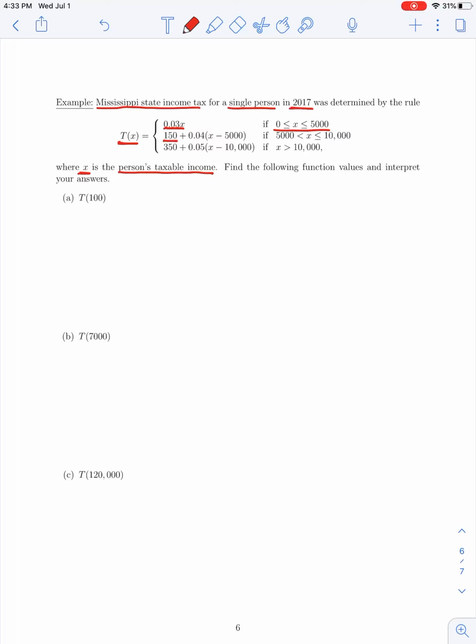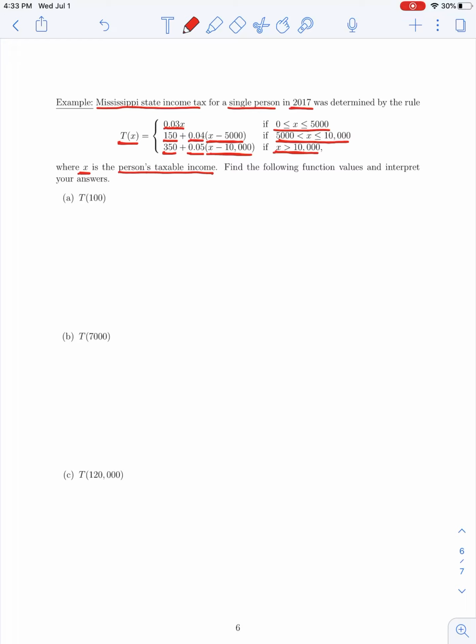It's equal to 150 plus 4% of the person's salary over 5,000 if the value of x is between 5,000 and 10,000. And lastly, it's defined as 350 plus 5% of their income over 10,000 if x is over 10,000. So here we're asked to find some values of this function and interpret our answer.